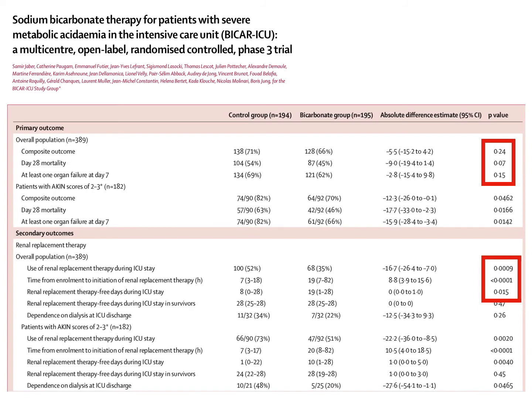This is the outcome table, which showed a non-statistically significant difference with their primary outcome in the overall population, but showed statistically significant benefit in their pre-specified subgroup of patients with AKIN 2 to 3. The study also showed signals of benefit in their pre-specified secondary outcome measures, as you can see highlighted there.